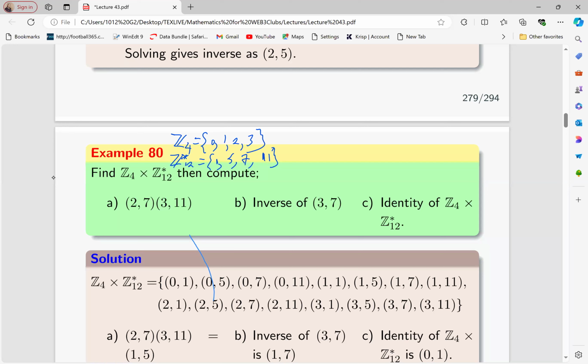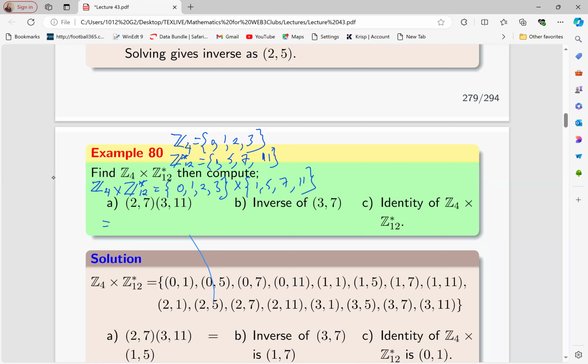Now, so the question is, what are the elements of this group? That is the question. So that is the same as 0, 1, 2, 3 cross 1, 5, 7, 11.